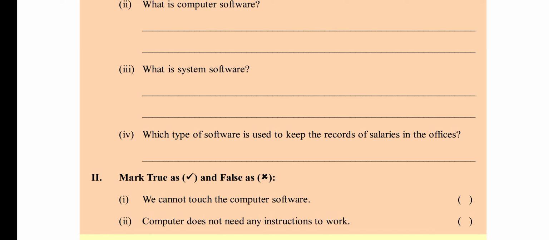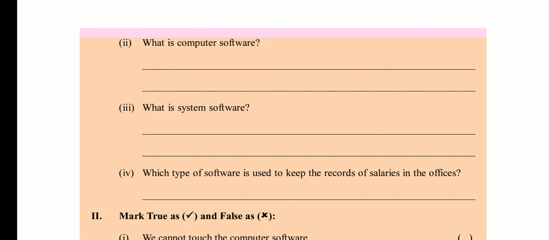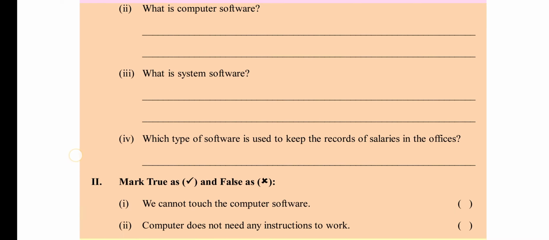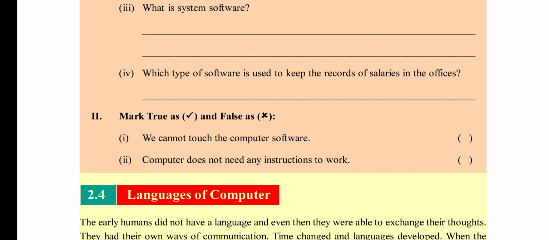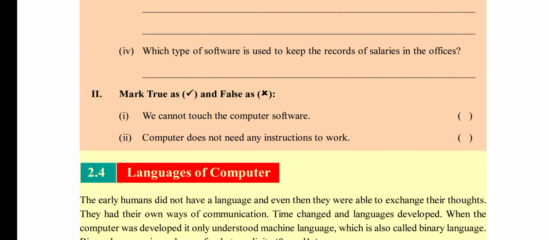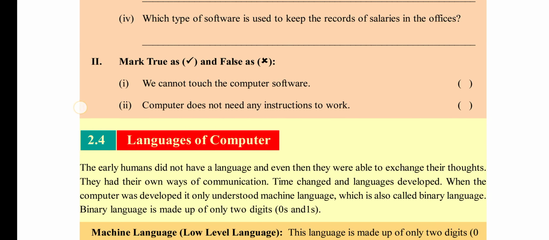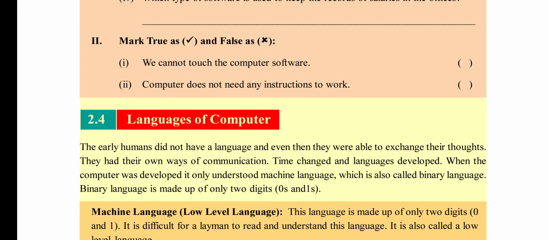What is system software? iv. Which type of software is used to keep the records of salaries in the offices? 2. Mark true or false. We cannot touch the computer software. The computer does not need any instructions to work.